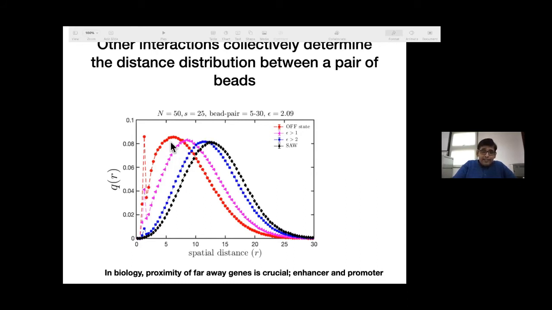So what we did is, the red curve is the contact probability taking into account all interactions in the off state of the chromatin of the gene. And if you take only those interactions which are above 1 kT, neglecting all interactions below 1 kT, interestingly, there is a difference in the distribution. The distribution shifts, which suggests that even small interactions play a role in folding chromatin.